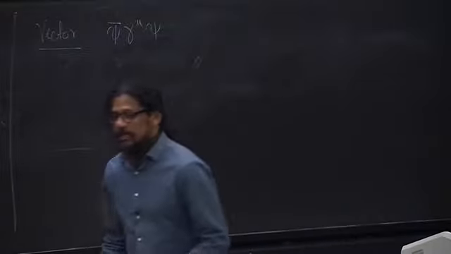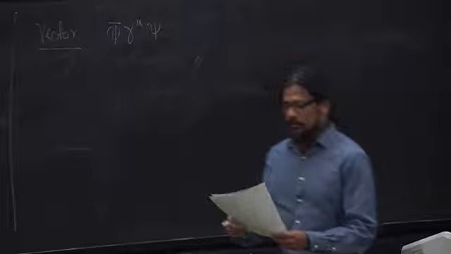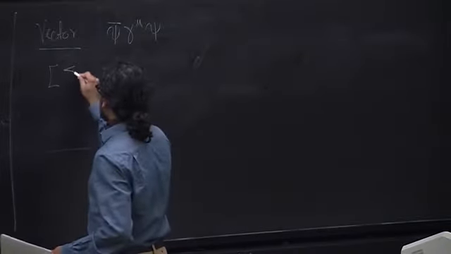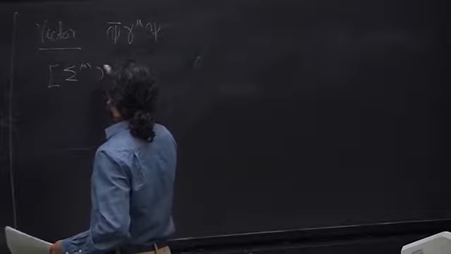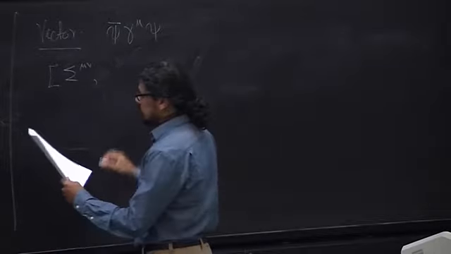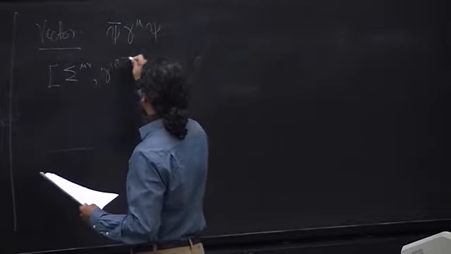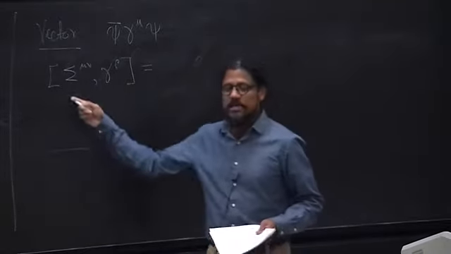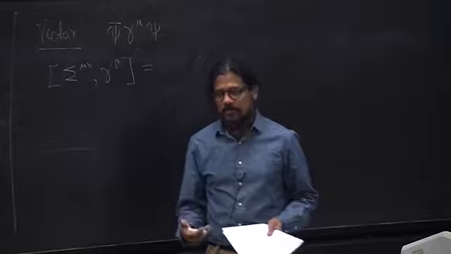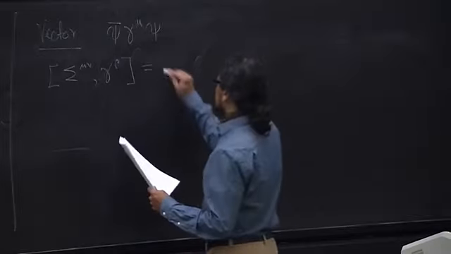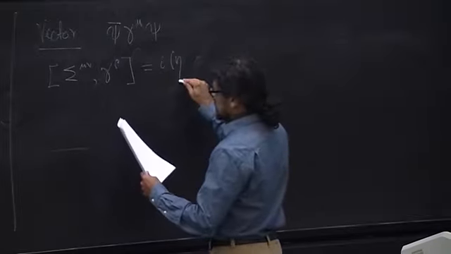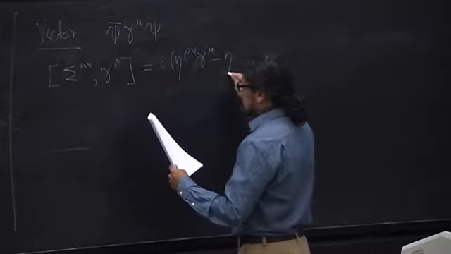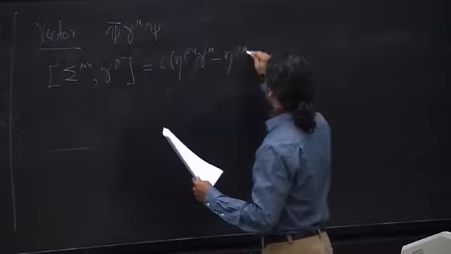So to show that it's actually a vector, we will need an identity. Remember that I wrote down this commutation relationship, which I said was useful for proving that the Dirac representation is actually a representation of the Lorentz group. And this was equal to i times eta rho nu gamma mu minus eta rho mu gamma nu.